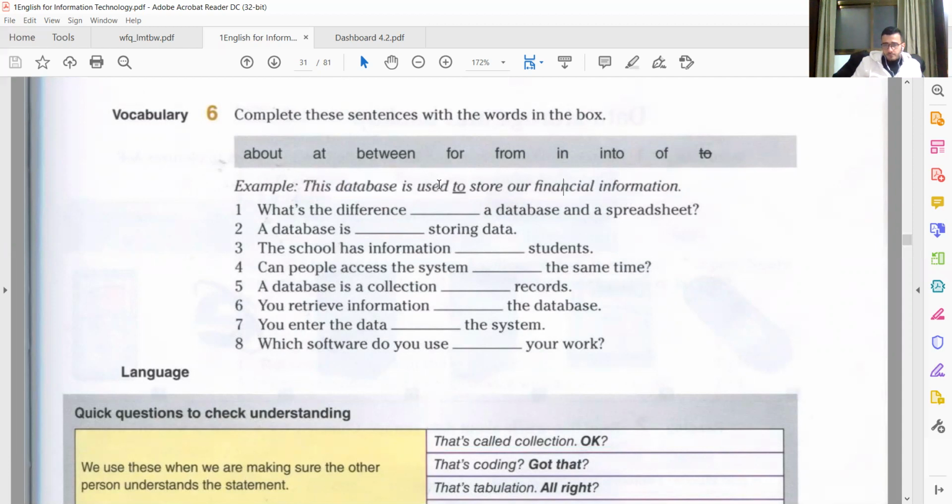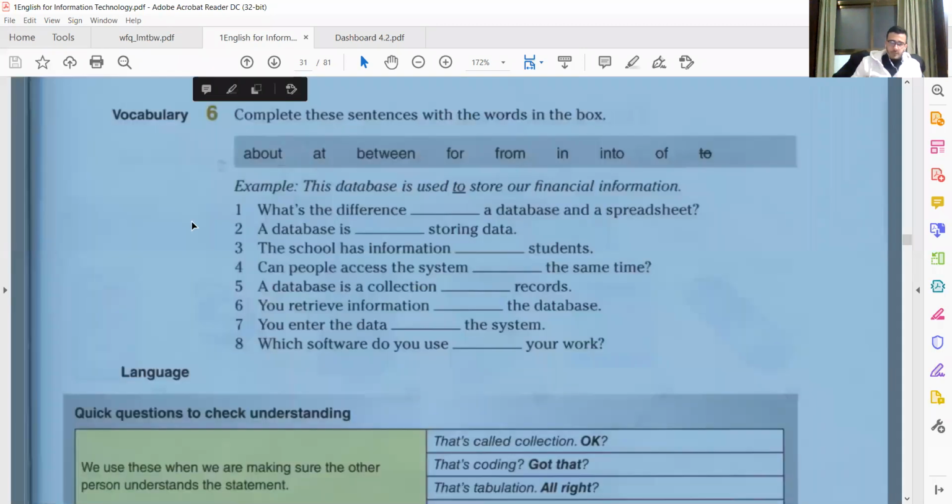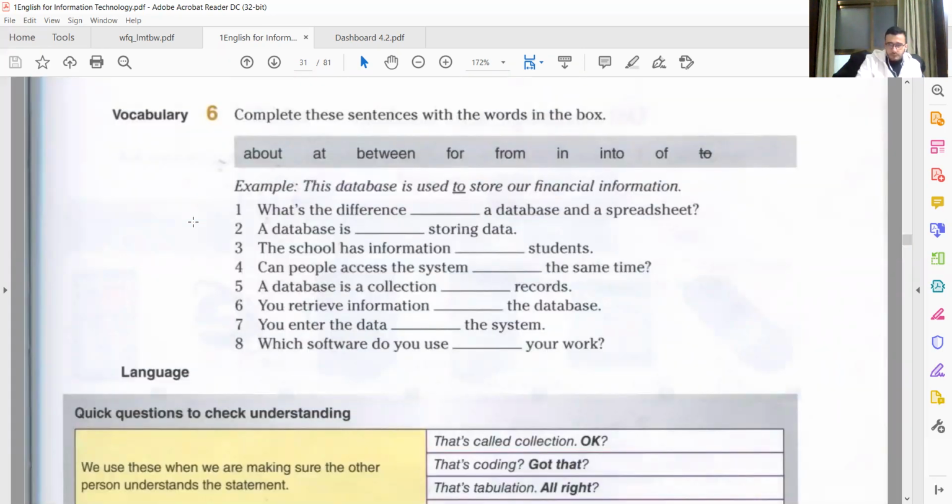So after the verb used, we use to. Used to store. Now, if after the verb used we have a verb, we use to. Meaning, if after the word used there is a verb in its first form, we use to.